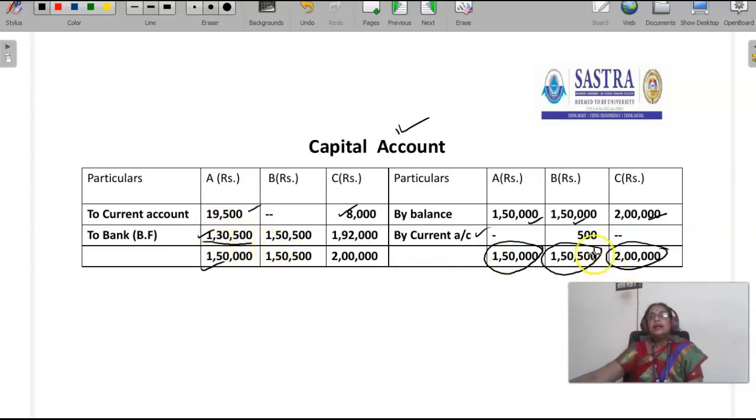The total of B's capital account is 1,50,500. B has to be settled 1,50,500 by the firm. Then C 2 lakh rupees. Here the current account balance is 8,000. So C has to be settled 1,92,000. In this way we close the capital account.